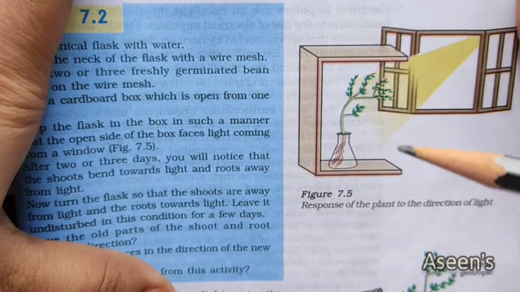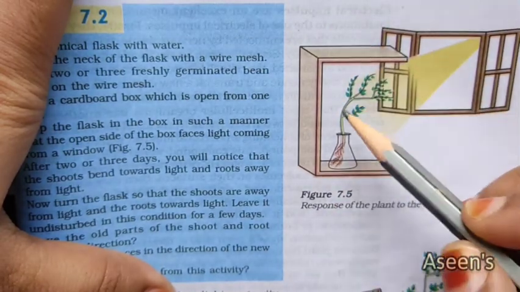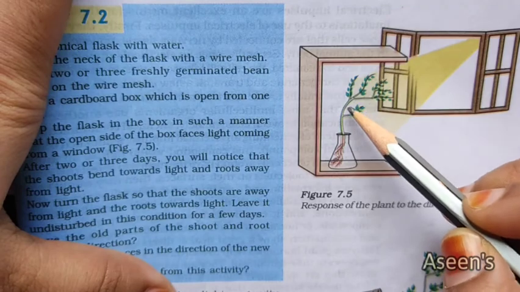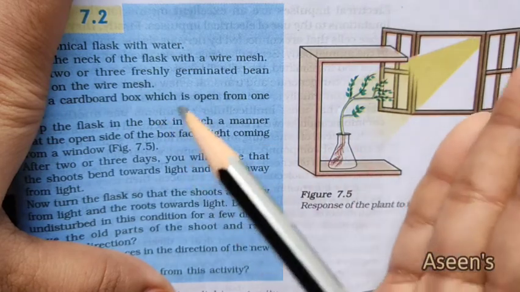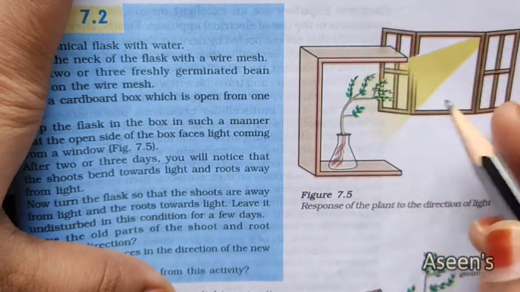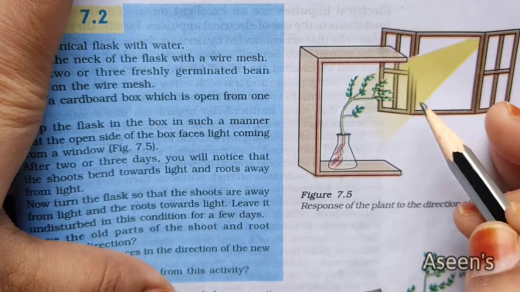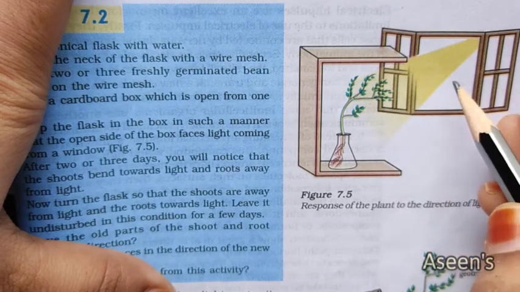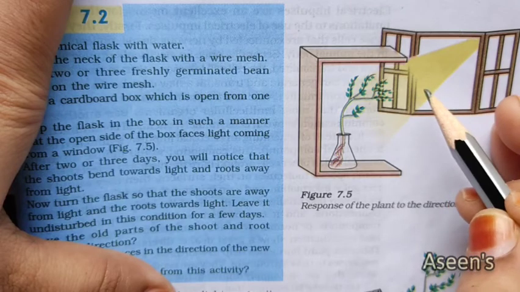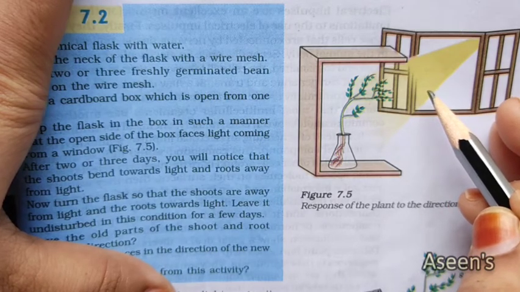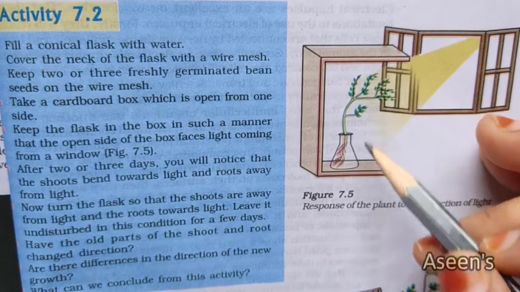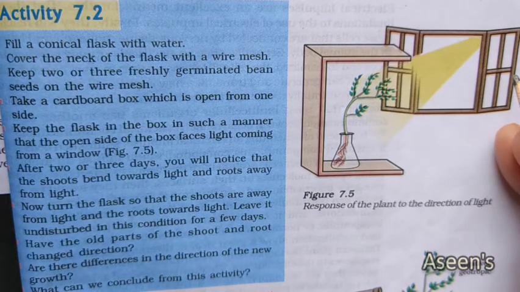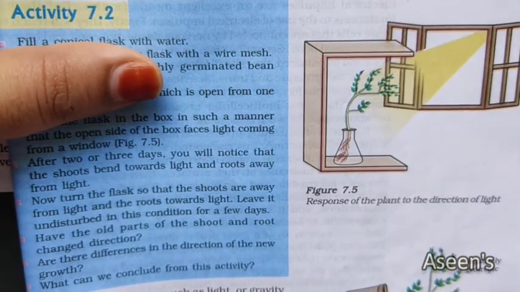If your sunlight is streaming from the window, then with the passing days your stem starts to bend, or the growth which is happening at the shoot tips starts to bend towards the direction of sunlight. So this shows that your plant is responding to the light, not any light but sunlight. If you give it artificial light, it's not going to respond as it responds towards sunlight. So this is about phototropism. The response of the plant towards the sunlight is nothing but phototropism.